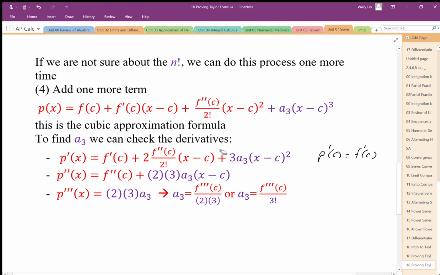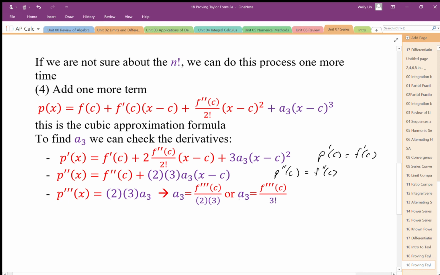This constant here becomes f double prime of c, and I multiply the other constant by 2 times 3 times a3. That becomes my linear term. Again, I can test my p double prime of c. That last term is going to be 0, so that's going to be f double prime of c. So my derivatives match for my approximation p and my f.